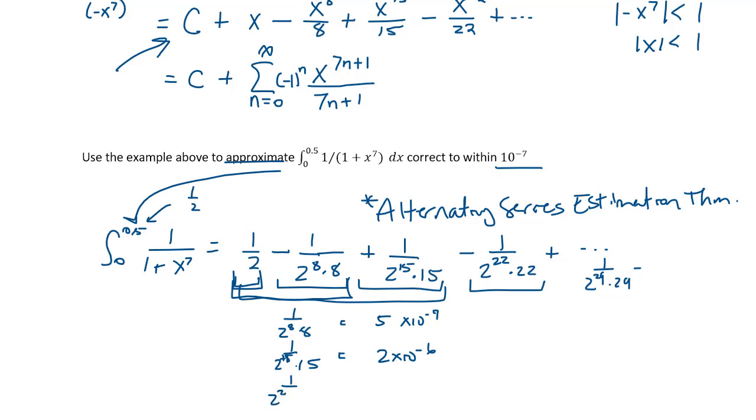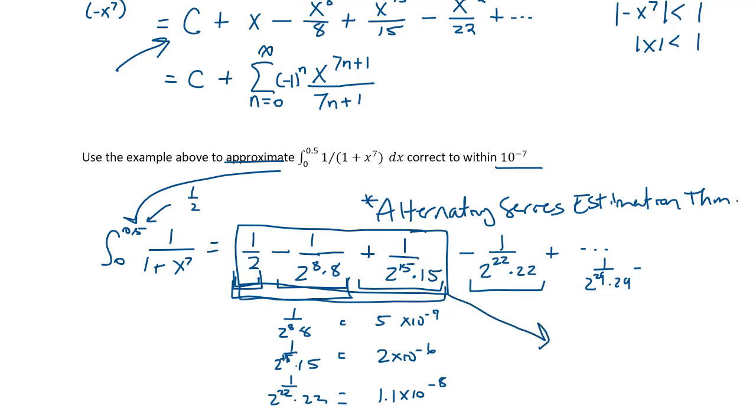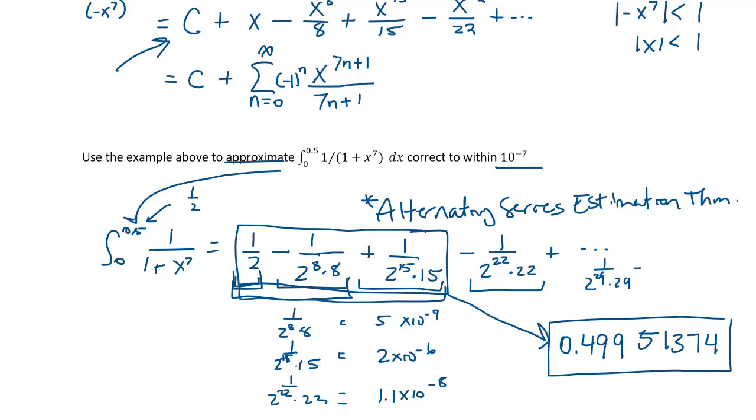And then 1 over 2 to the 22 times 22, that's this term, is about 1.1 times 10 to the minus 8, which is smaller, which means I only need to add these three terms up to get the approximate value, which I did with my calculator, and I got 0.4995137. This is the approximate value, accurate to within 10 to the minus 7.